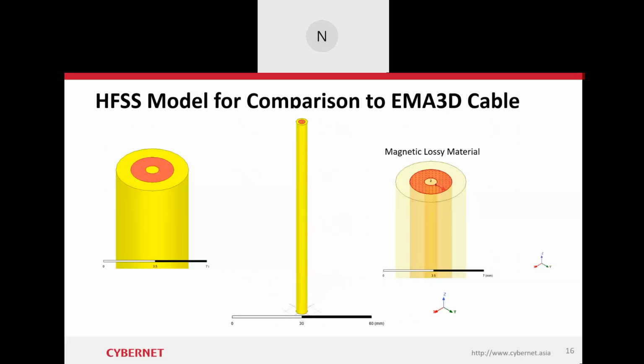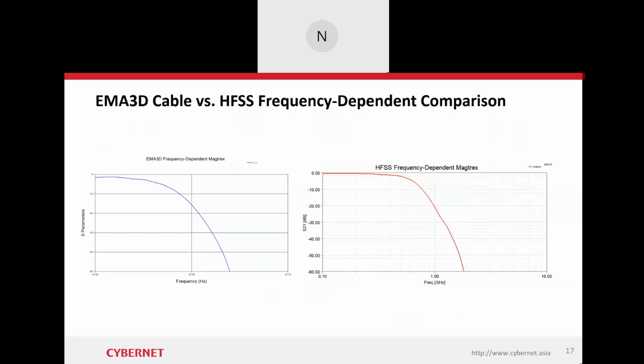They have the same way to handle magnetic lossy materials in the models, and there will be a lumped port sitting in HFSS and the same port sitting in EMA 3D. Now we're looking at the EMS 3D cable performance and the HFSS.